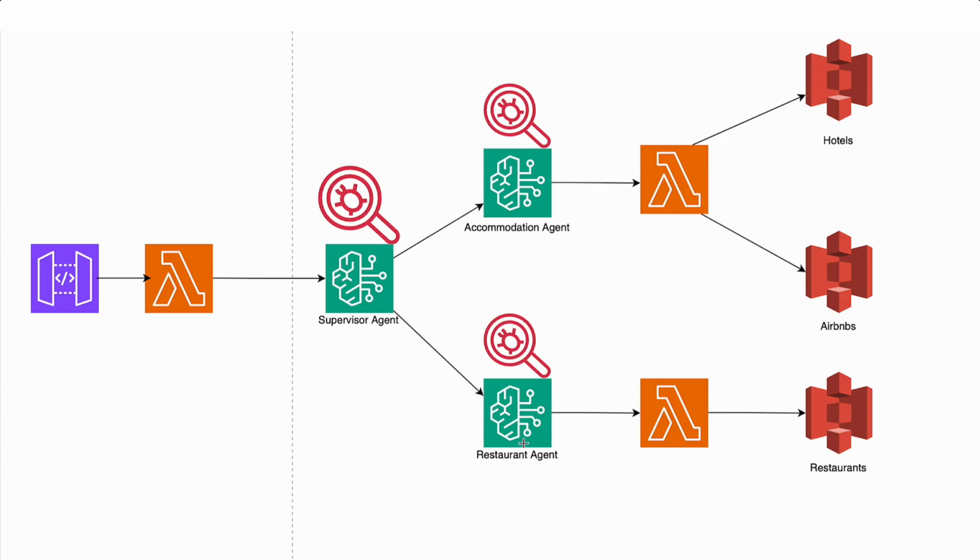But essentially just know that the restaurant agent over here has a collaborator, and the collaborator does the invocation and gets the results. And then the restaurant agent gathers the results and sends them back to the supervisor agent in a format that the supervisor agent understands.